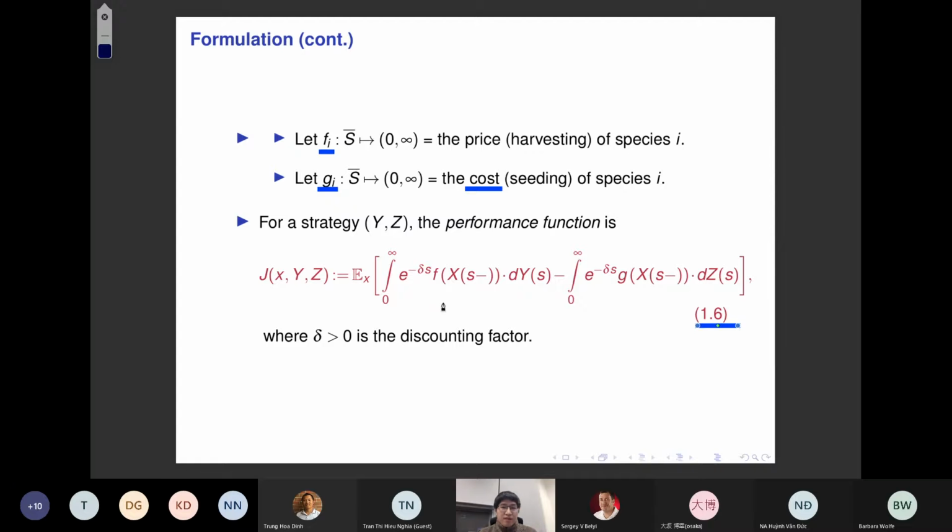The first component is the amount of money we get from harvesting, so we harvest and sell for money. And the second component is the amount of money we pay to buy species and to renew the given system.